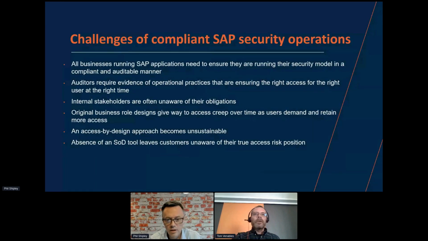One of the key things that we help our customers with is, auditors are always looking for evidence of your operational practices that are assuring that the users have the right access at the right time, and being able to trace that you're doing what you're saying you're doing operationally, because it's documented and you can prove that you're doing what you say you would do.